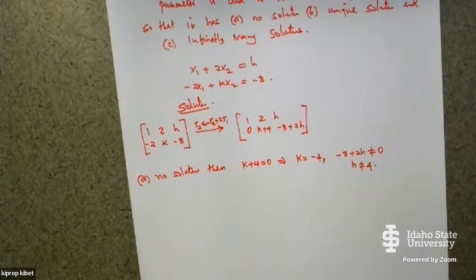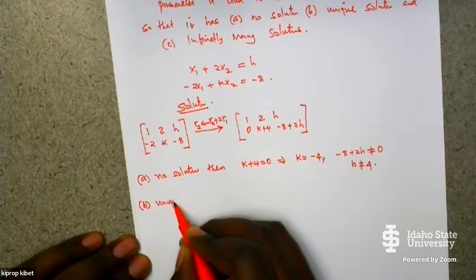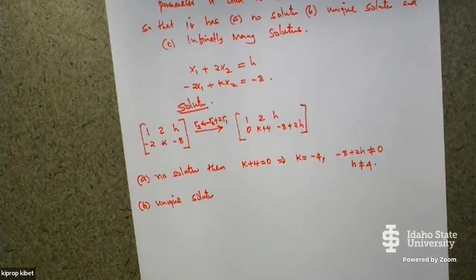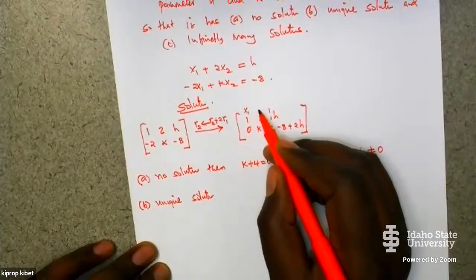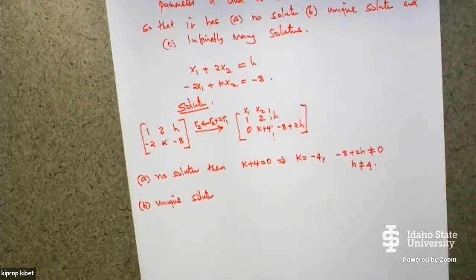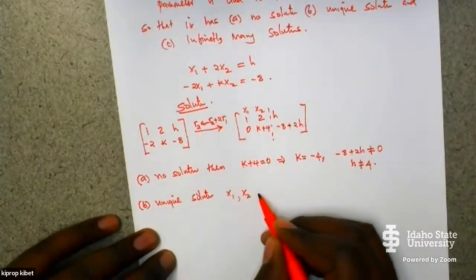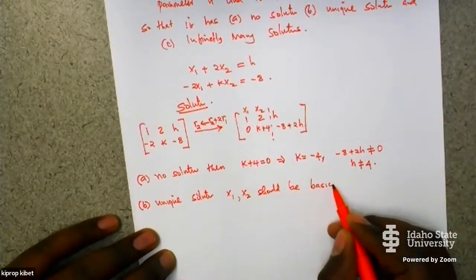Now, to get a unique solution, we should not have a free variable. So number b, unique solution. It means all variables should be basic variables. Let's say this is x1 and x2. So x1 and x2 should be basic variables.